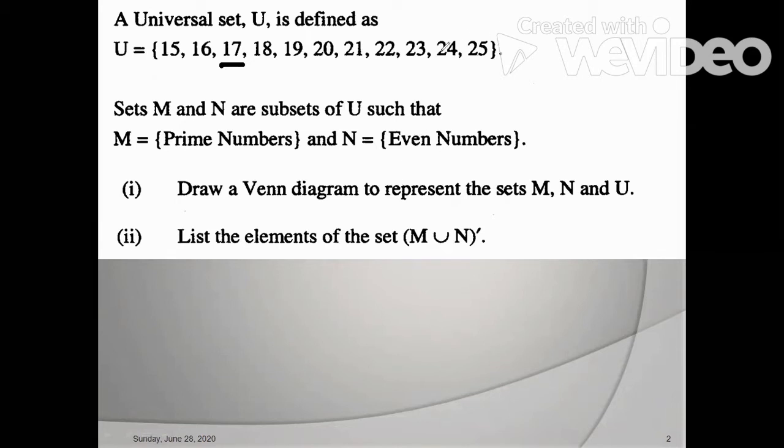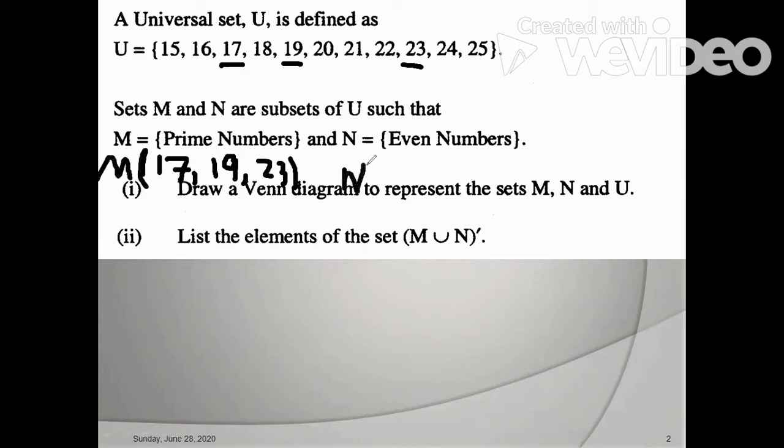Also we have 19, which is a prime number, and 23. So for prime numbers, we have 17, 19, and 23. So those are our prime numbers. So that's set M.